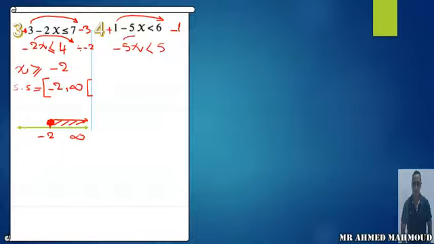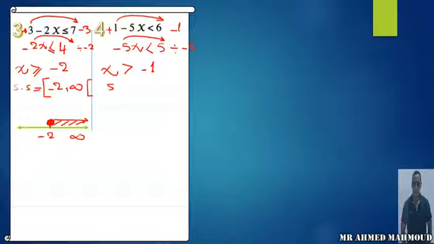Now I'm going to send the negative 5 as divided by negative 5 because it's negative 5 times x. Then x, don't forget, when we divide by a negative, I'm going to change the direction. x becomes bigger than 5 divided by negative 5 equals negative 1. Okay, then here x bigger than negative 1, it goes to the infinity.